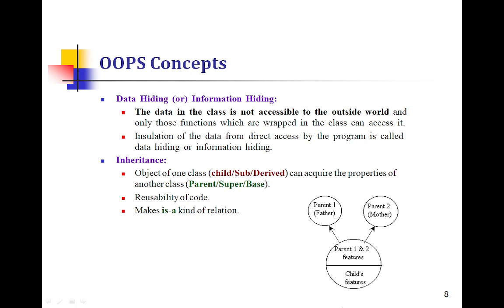From this diagram you can easily understand we can have n number of parents, the fathers and mothers, and the child's features will reflect and be observed from either the fathers as well as the mothers.